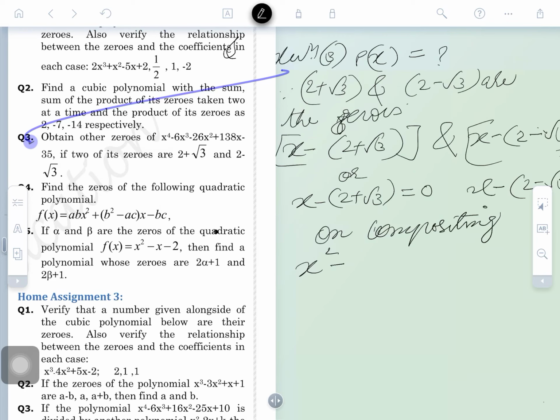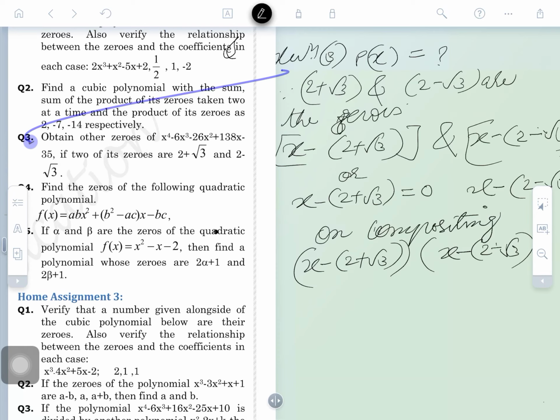So x square minus, what was the second? The pattern is not looking like a plus b, a minus b. It is actually x minus 2 plus root 3, this is the first, and the second is x minus 2 minus root 3, both are negative here, you may see.